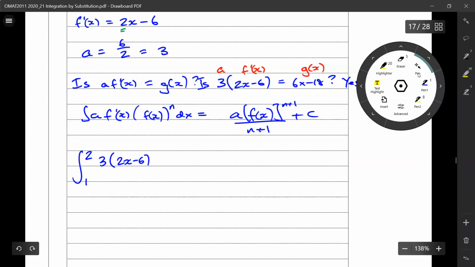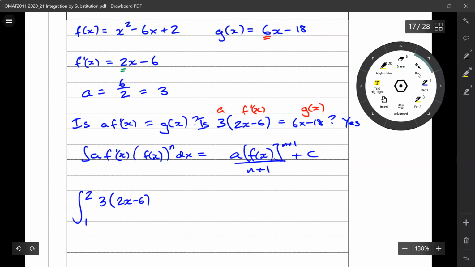Then our function f of x is x squared minus 6x plus 2, dx, and that is equal to a, which is 3, times x squared minus 6x plus 2. This is already to the power of 1. So we raise that to the power of 2, and we divide by the raised power. And here we're going from 2 to 1.